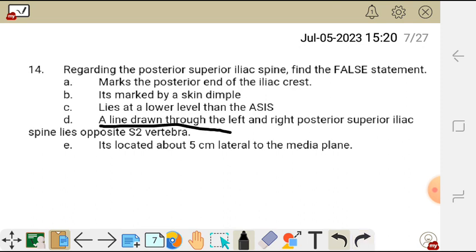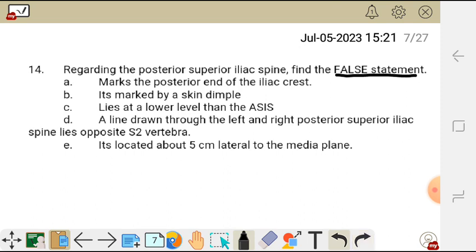D. A line drawn through the left and right posterior superior iliac spines lies opposite to the S2 vertebra. E. It's located about 5 centimeters lateral to the median plane.